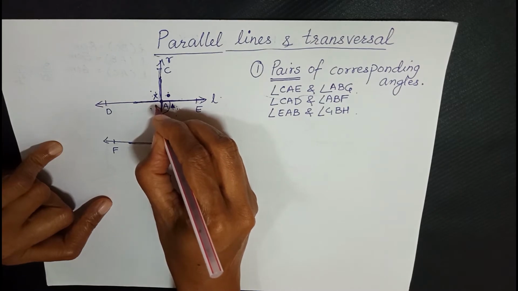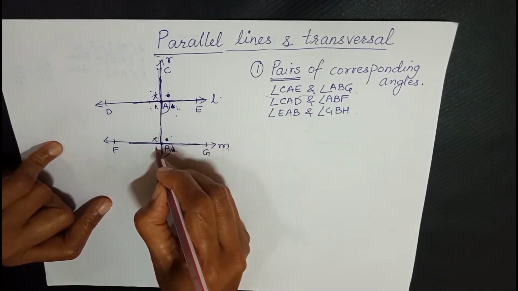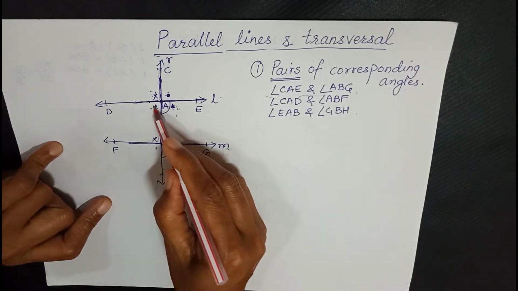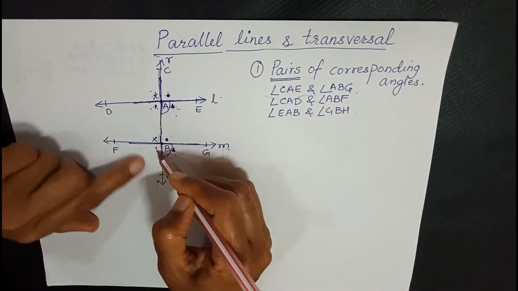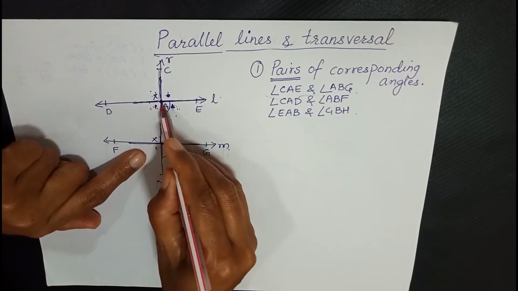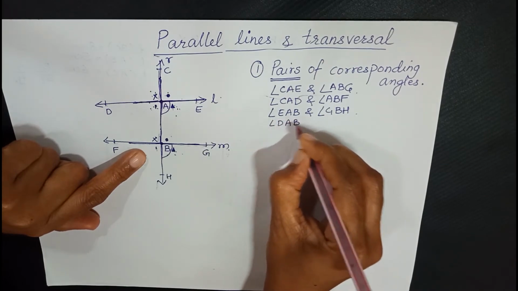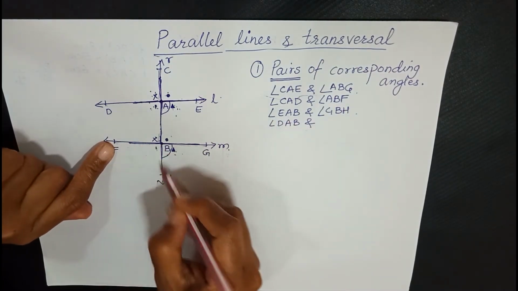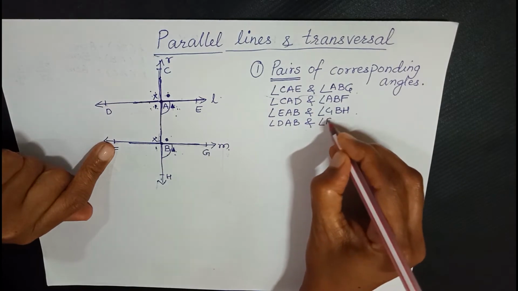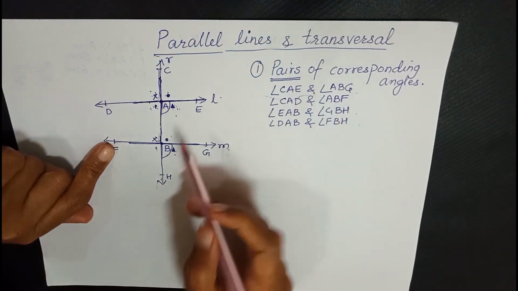Similarly, we have one here, one below the parallel line and one below this parallel line. So these two also are a pair of corresponding angles. The name of this angle will be DAB and FBH. So we have four pairs of corresponding angles.